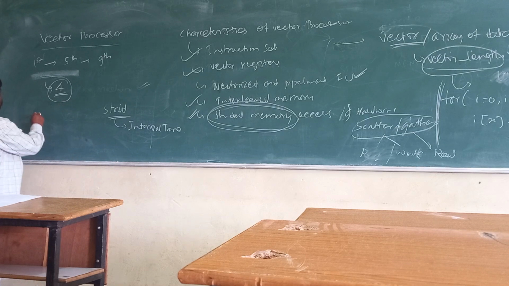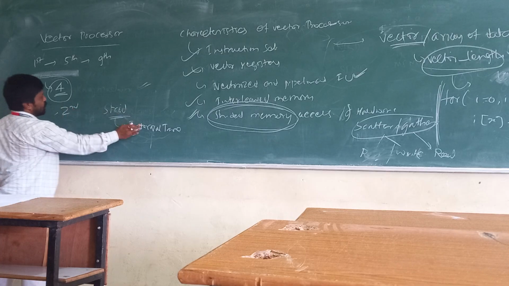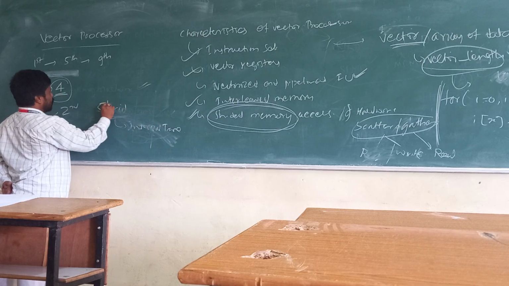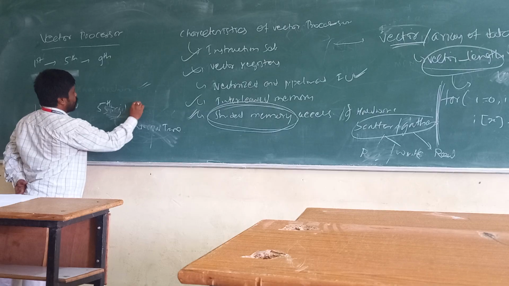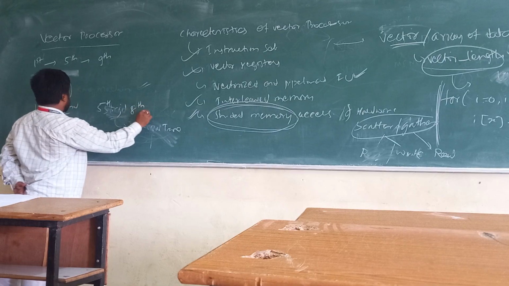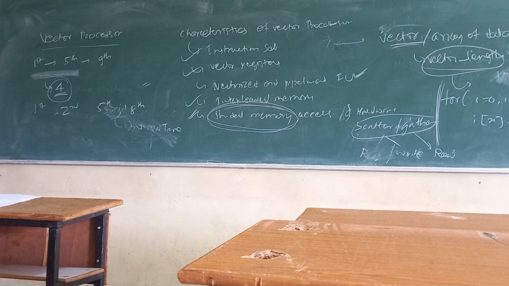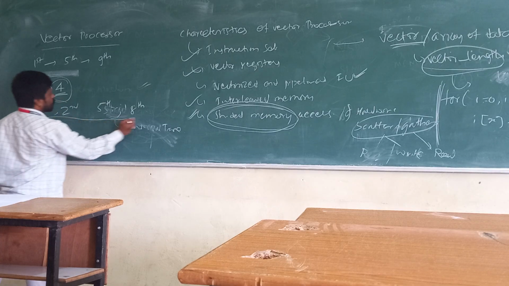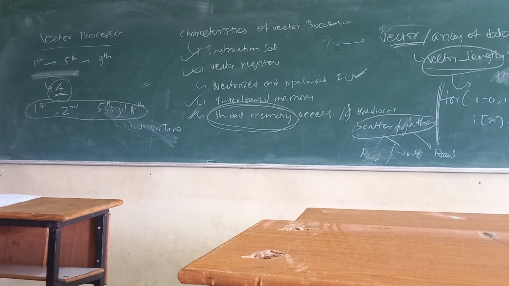If you consider the first and second, you can jump directly to the fifth element, and we can also access the eighth element. Here the stride is not fixed, means a particular fixed interval of time is not fixed, but we can access any element directly. But in stride we have a particular interval there.